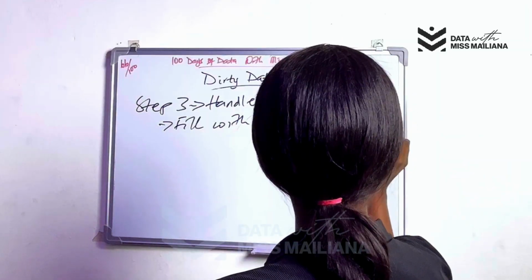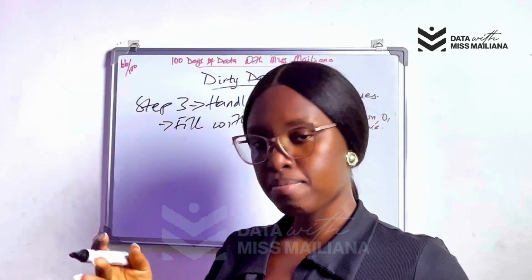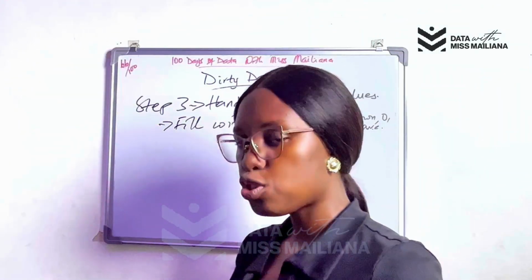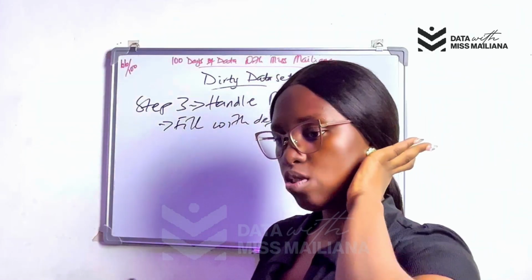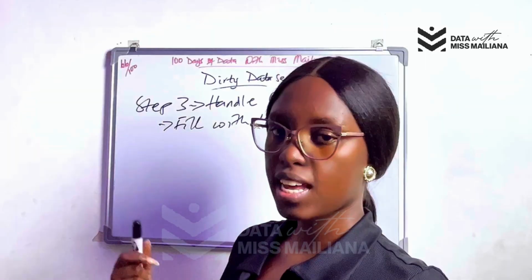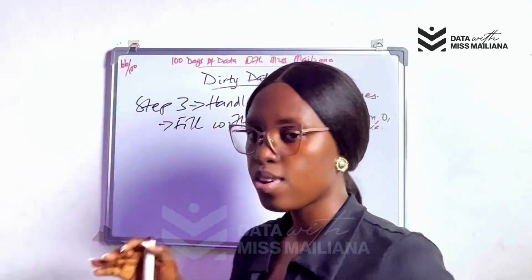So you have to really understand what is missing, why it is missing, what is supposed to be there normally and is not there, and what would be the substitute. For example, a store giving discounts: not everybody gets a discount. The places that are empty are those people who didn't get discounts. So what goes there? Zero. That's an example as well.